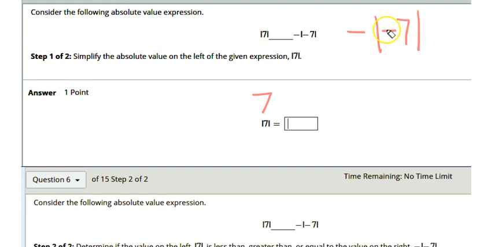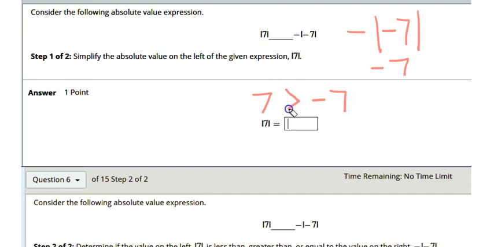Well, the absolute value of negative 7 is a 7, but now we apply the negative sign. So our comparison now would be 7 compared to negative 7. What inequality sign would you put there?